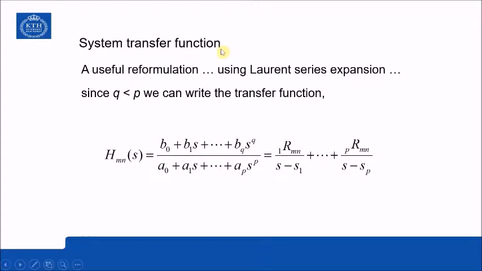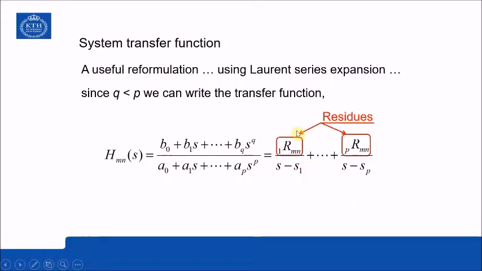So one useful reformulation now is to use a Laurent series expansion. Since the numerator polynomial is of lower order than the denominator polynomial, we can actually write this polynomial expression as this type of Laurent series expansion.